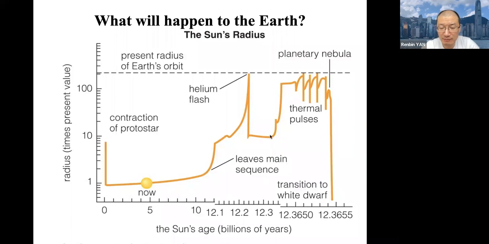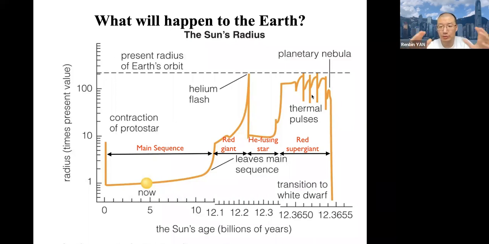And this is the helium fusion phase. And over the helium fusing phase, it is also roughly stable in its size. And at the end of that, you reach the red supergiant phase, the star becomes large again. And also at the end of the red supergiant phase, it will not be very stable. It will expand and contract because it's going to be pulsating.